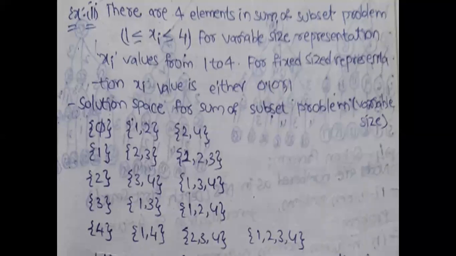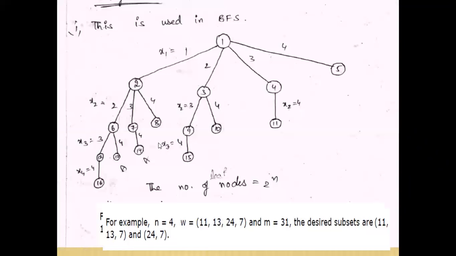In backtracking, all possible solutions are represented by a solution space tree. So the 16 possible solutions are represented by a solution space tree. The first node represents the null set.